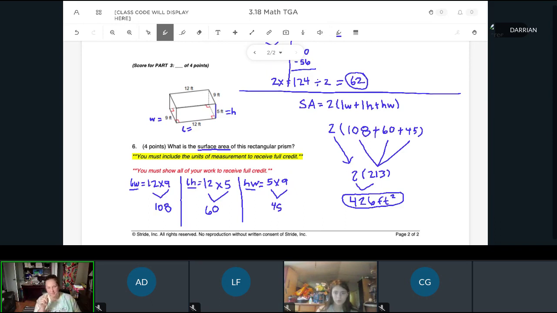I just curved it so you didn't think it was an I. I guess I could do a capital L. Is that better?